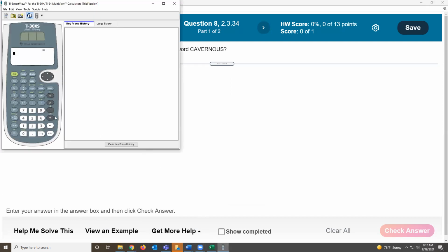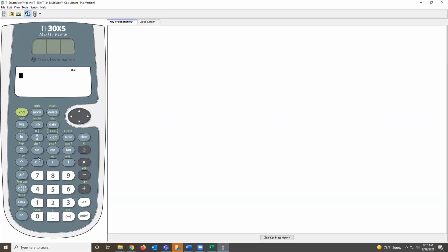So on this calculator, you can use the PRB button. You do 9, and then you hit the PRB button, and you scroll down to factorial and then enter.